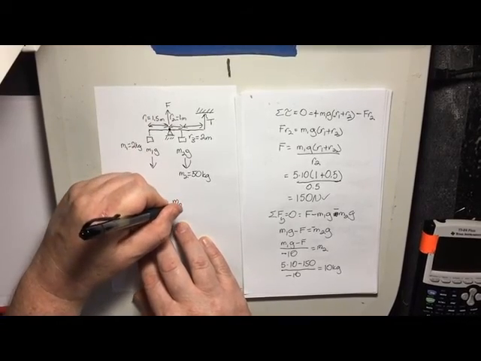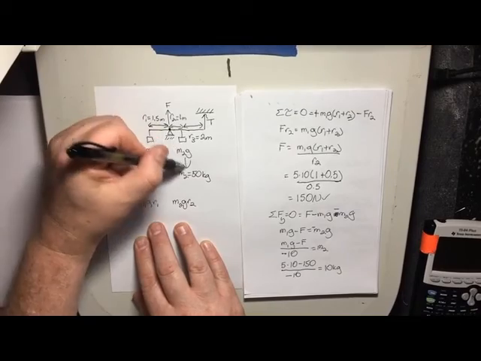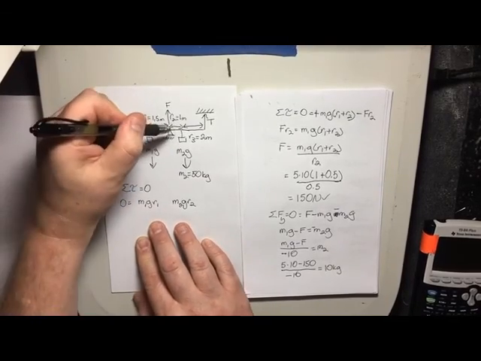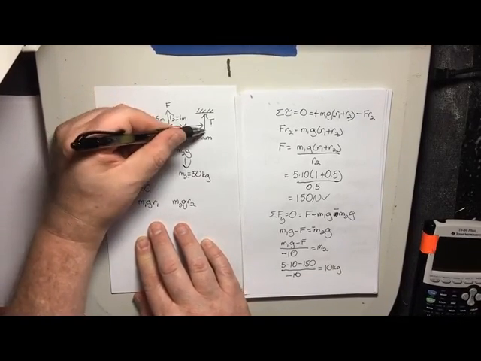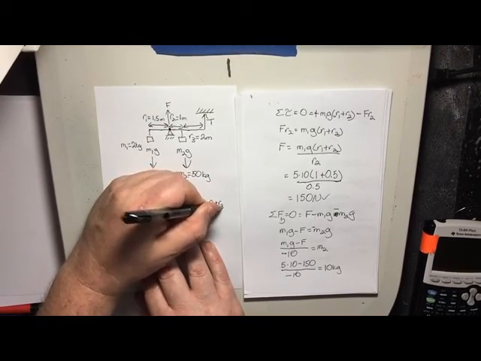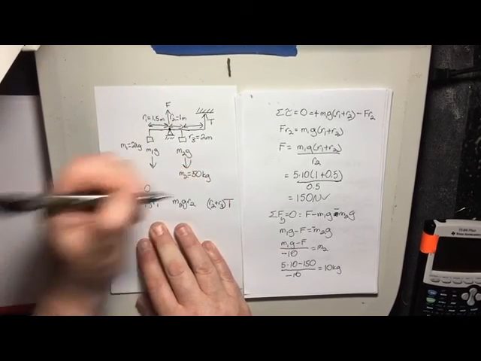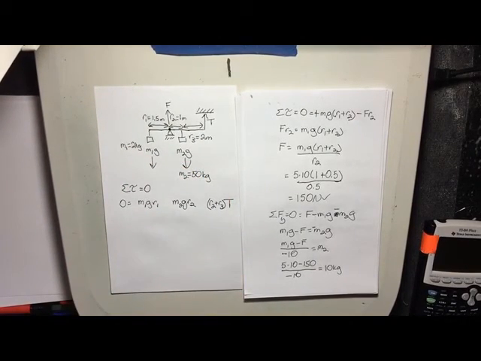We have M2G R2, the distance from there to there is R2. And then we have the tension, from there to there, R2 plus R3, and the tension is up. So we have our 3 parts to the problem.